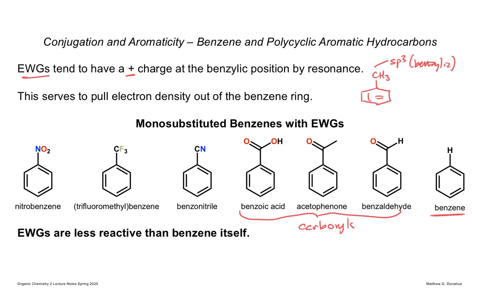So electron withdrawing groups are less reactive than benzene itself. The difference is because that benzylic position either has a formal positive charge or an atom that's electron withdrawing. This is the only one right here that's induction, because carbon with 3 fluorines are all sigma bonds. The rest of them are resonance arguments.